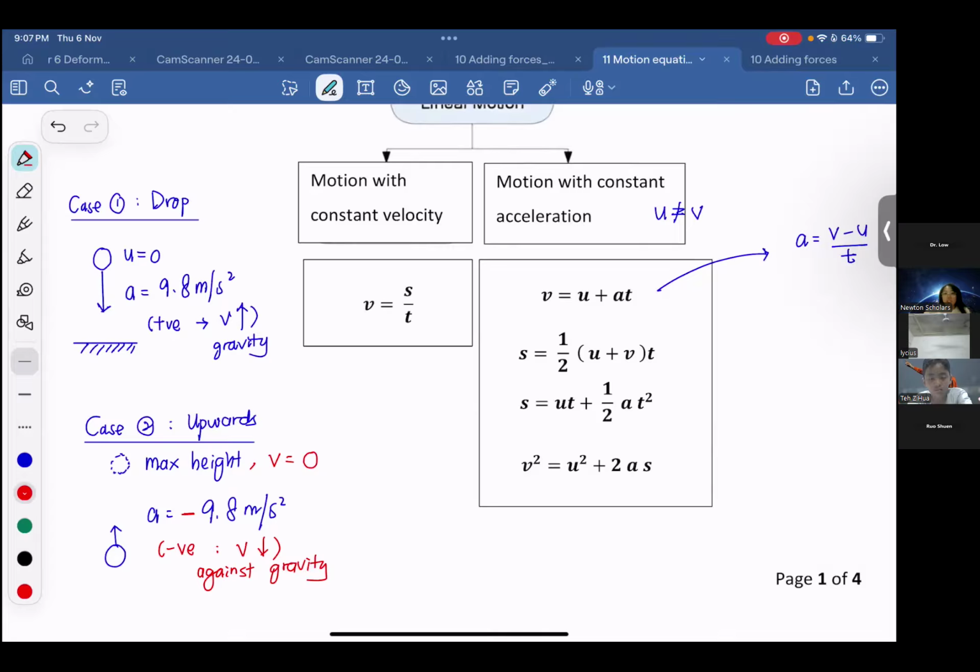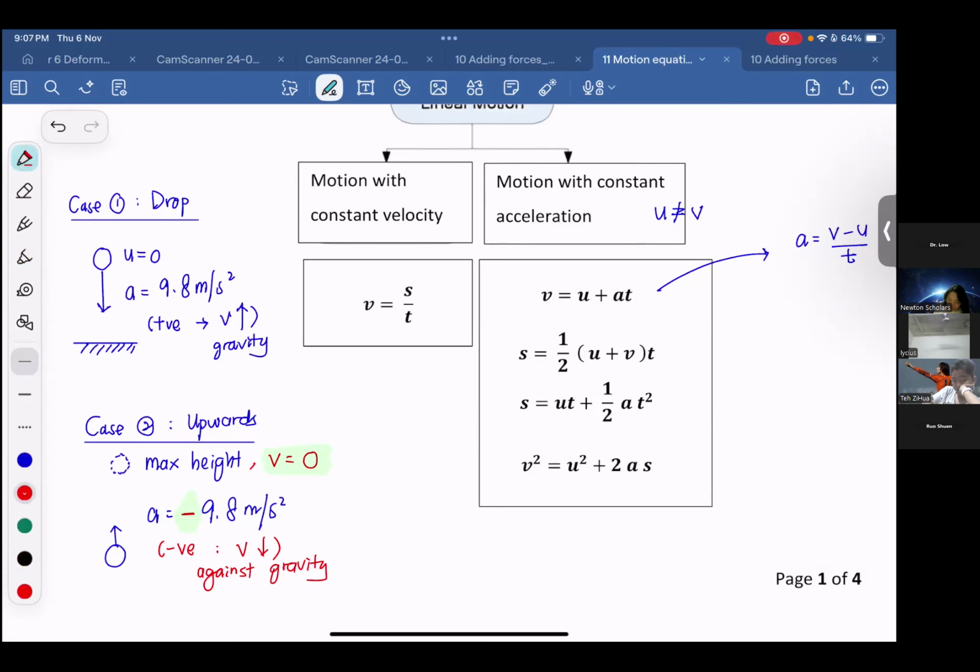The velocity will decrease until the speed becomes 0. Then the object will be pulled by gravity going down. Okay, so here, boys and girls, we have 2 pieces of information you have to know. At maximum height, your velocity is 0. Throw upward, your acceleration should be negative 9.8 meter per second square.